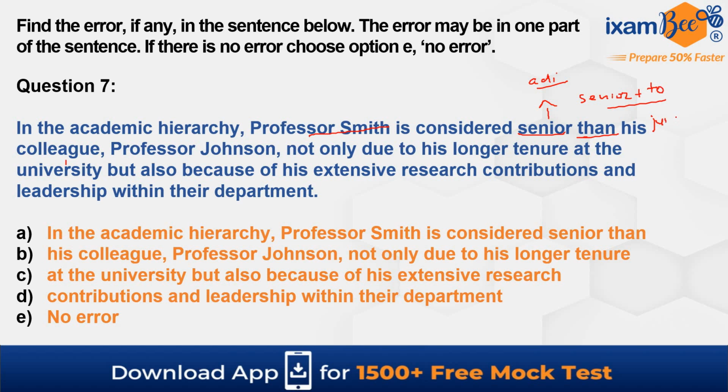In the same way with junior, you have to use to, not then, right? Other such adjectives can be inferior, superior, right? So inferior to, superior to. So please note this, that with senior you do not use then, right?